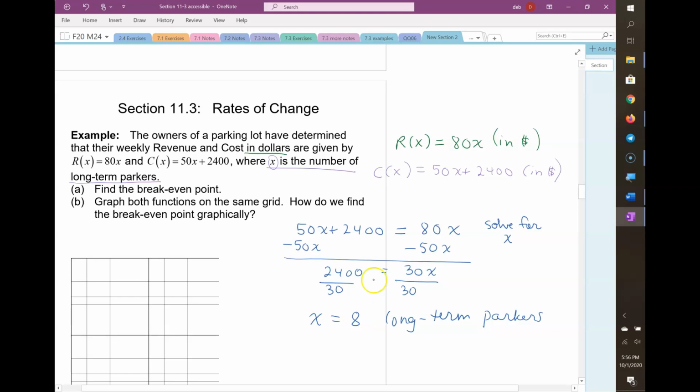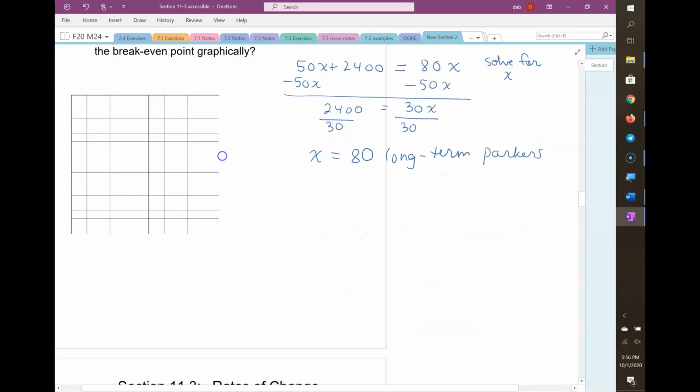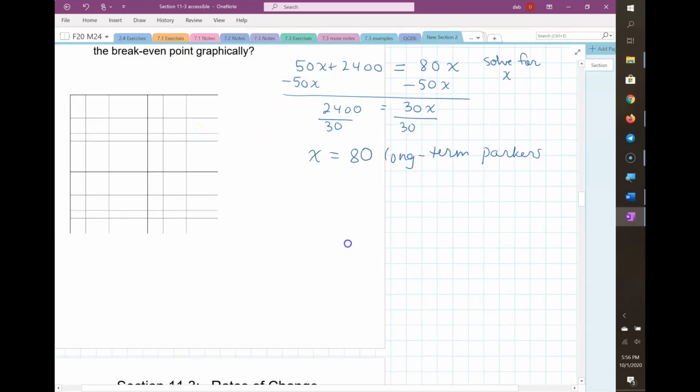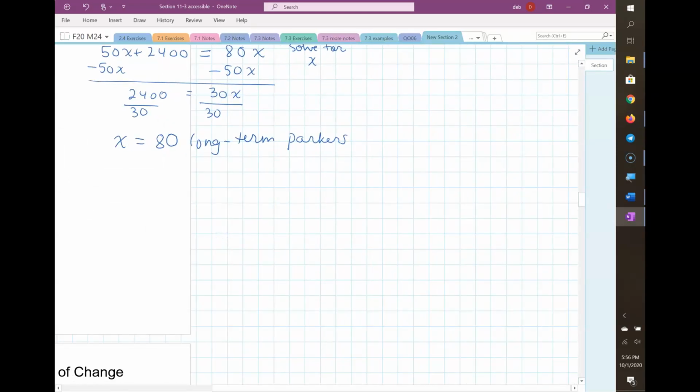So once you get up to 80 long-term parkers, you're at break even. And then if you can get past that, then life is even better and you become profitable. Okay, so this was kind of hard to graph on the same grid, so let me put a grid on my page here so I can actually have a grid, since for some reason these grids did not print.